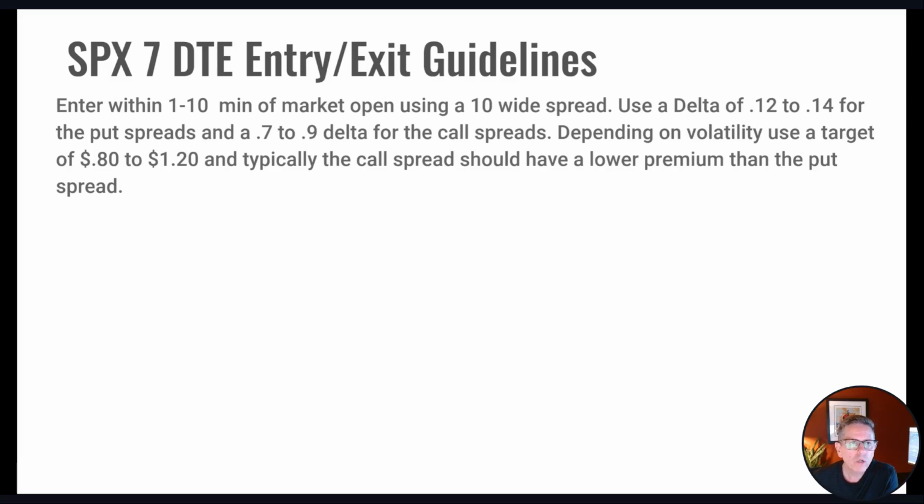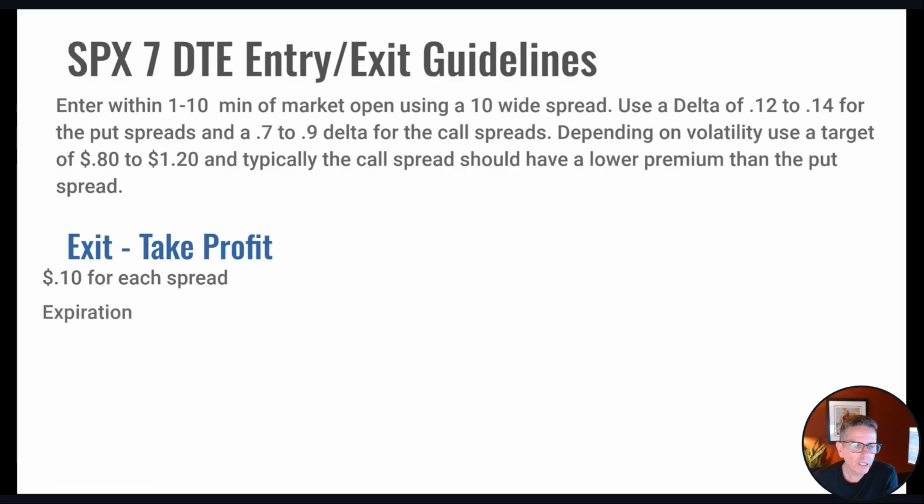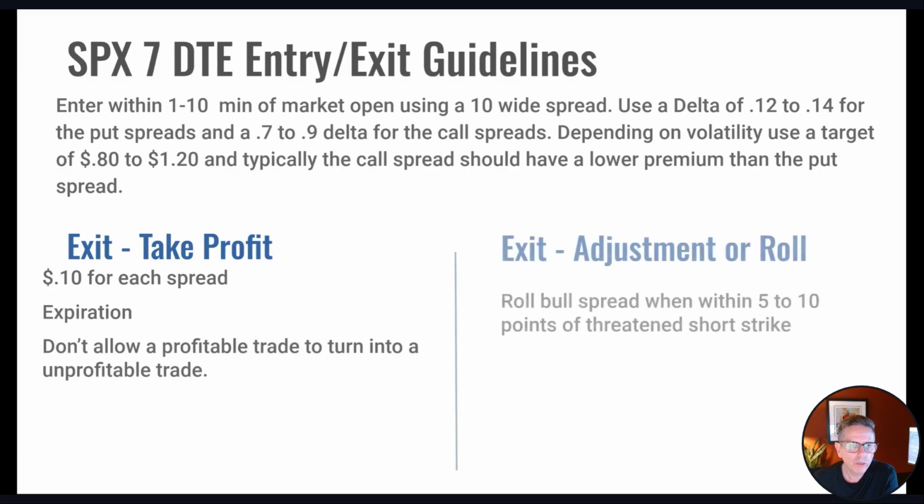Depending on the volatility in the target, basically we use 80 cents to $1.20 for the put spread, and a little bit lower for the call side. Take profit, again, 10 cents for each spread, or expiration, and you don't want that trade to be unprofitable at the end.